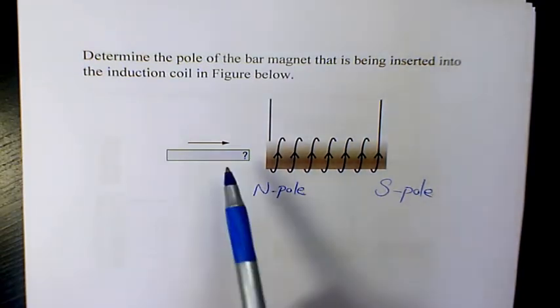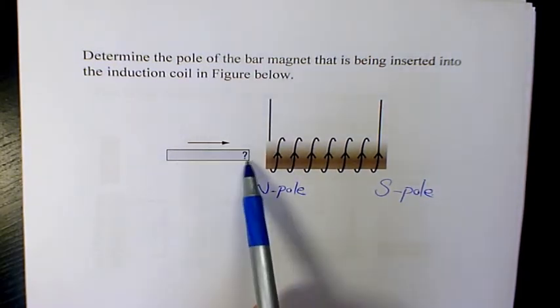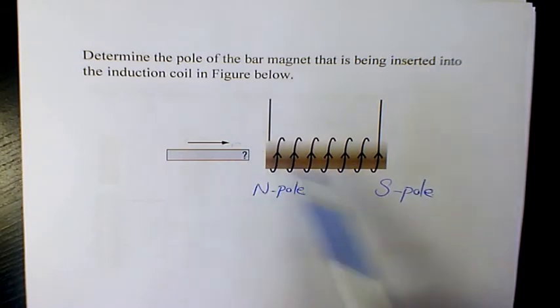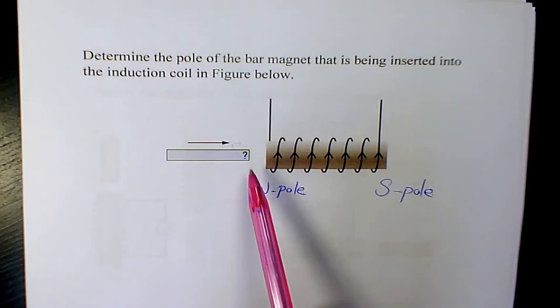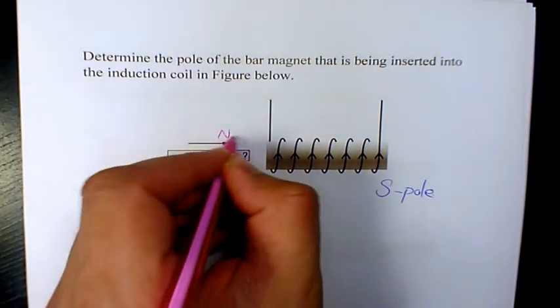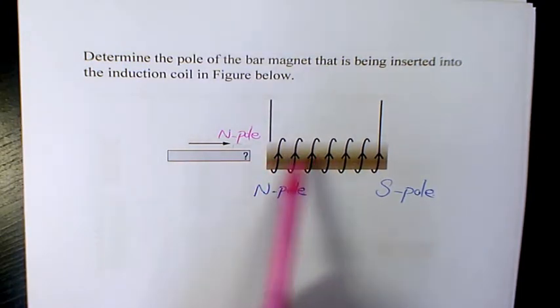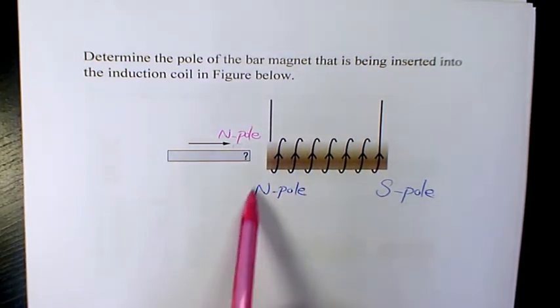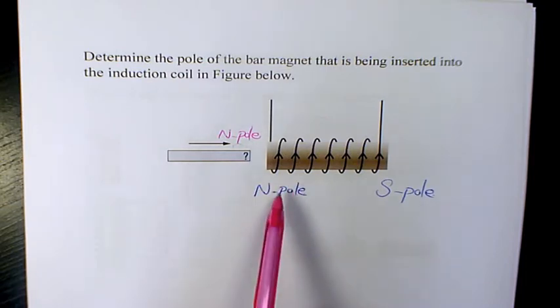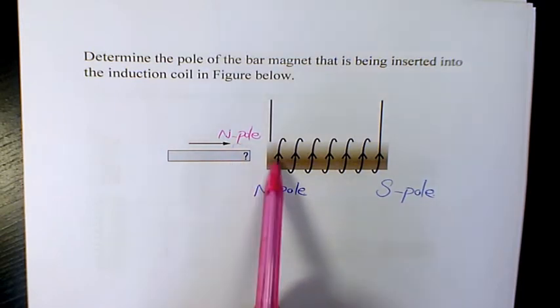So now, based on what I have, I need to figure out what pole I have in this side. According to Lenz's law, the pole of the bar magnet that would be opposed by this N pole as it enters the coil is going to be N pole as well, because it is going toward the coil, and we need to have an inducing magnetic field in order to oppose this N pole, because it is inserting into the coil.